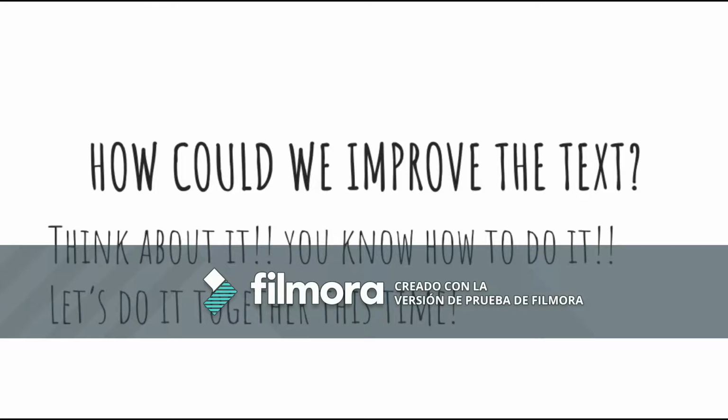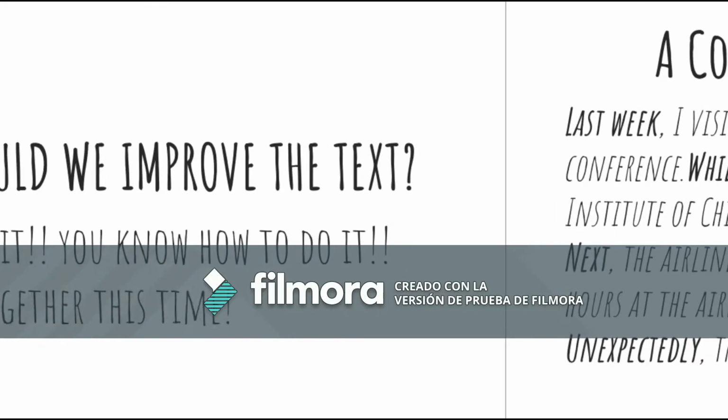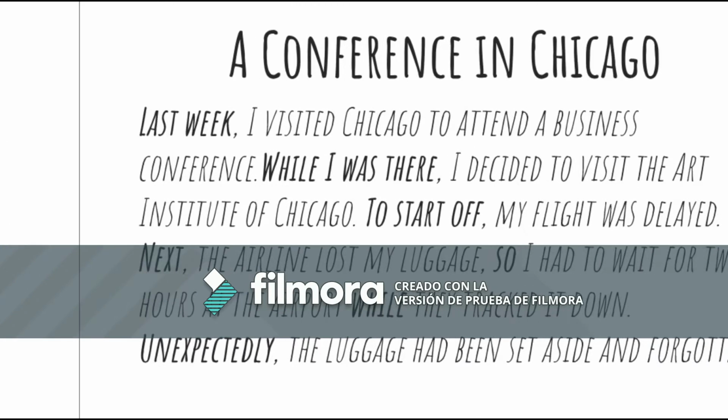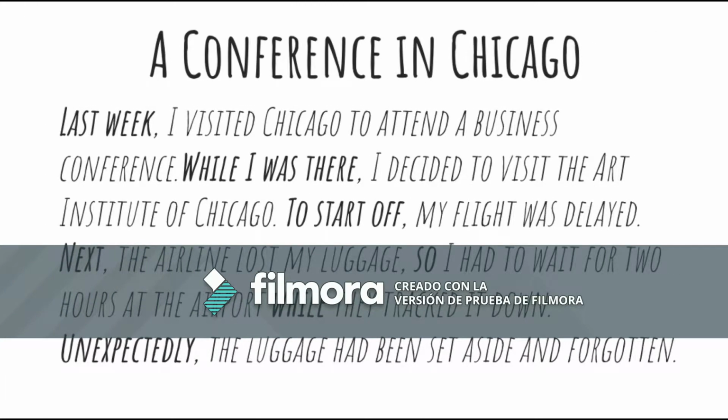Let's see how we can improve this first part of the narrative. We can say, for example, last week I visited Chicago to attend a business conference. While I was there, I decided to visit the Art Institute of Chicago. To start off, my flight was delayed. Next, the airline lost my luggage, so I had to wait for 2 hours at the airport while they tracked it down.